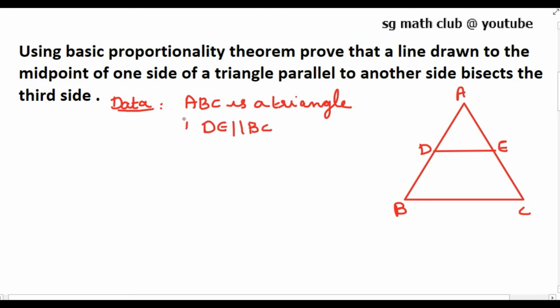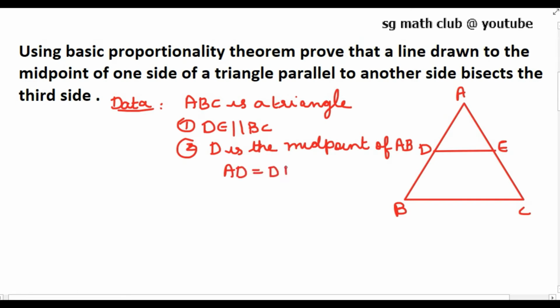This is the first thing they have given. Also, D is the midpoint of AB. If D is the midpoint of AB, I can write AD equal to DB.